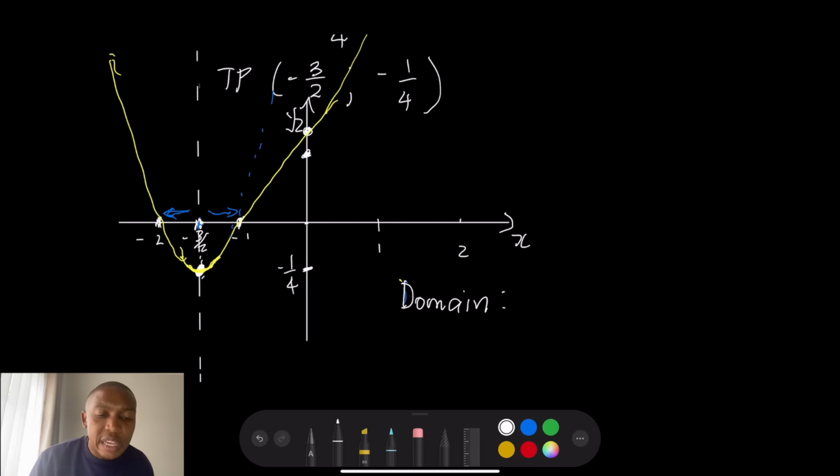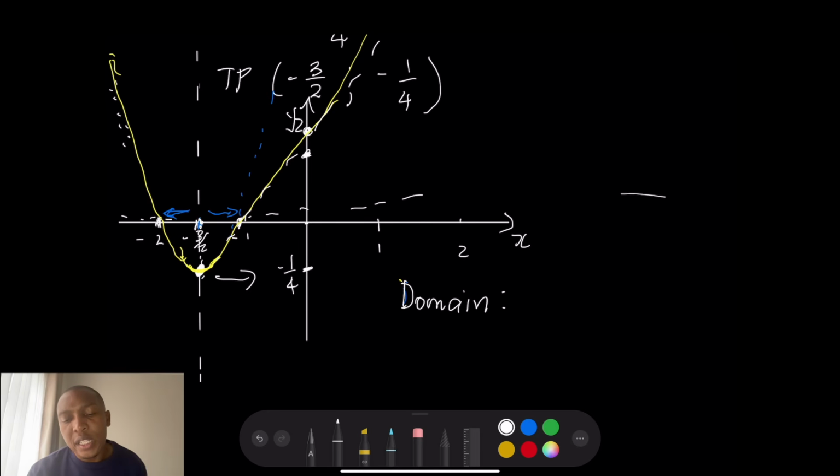So in this case, what is the domain for a parabola? It would go from -infinity. If you think about it, if you go all the way to infinity, as you go that way, the graph still exists. It goes up and up and up all the way. And if you go towards your right, your graph exists all the way up until there. So it means that it exists all the way to infinity as you go in that direction.